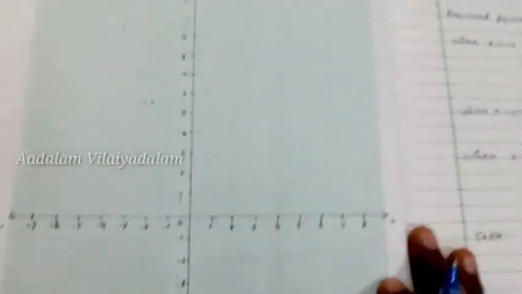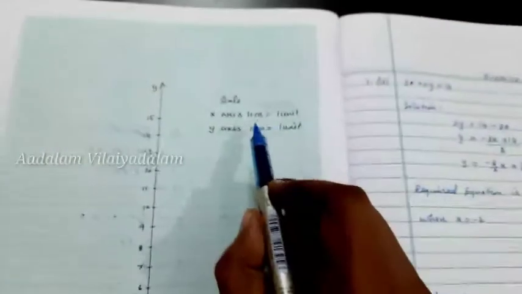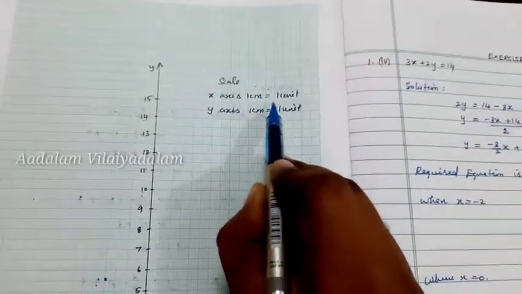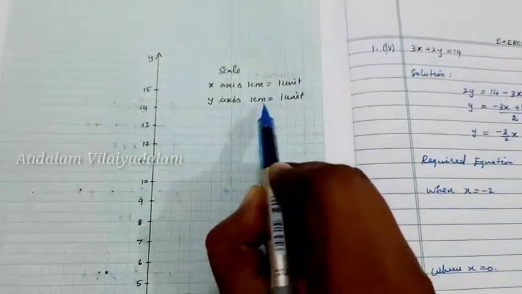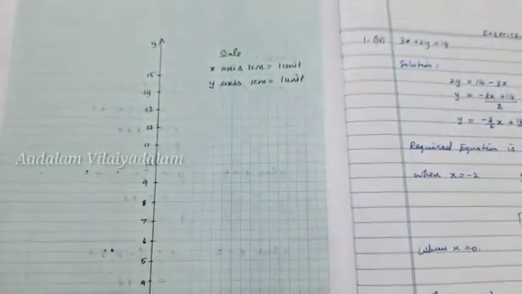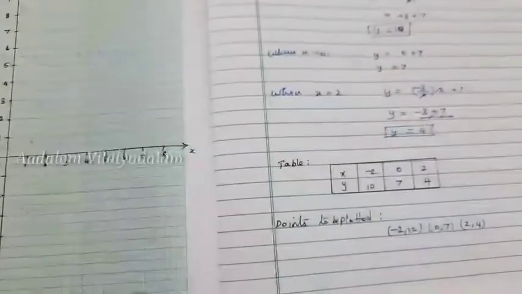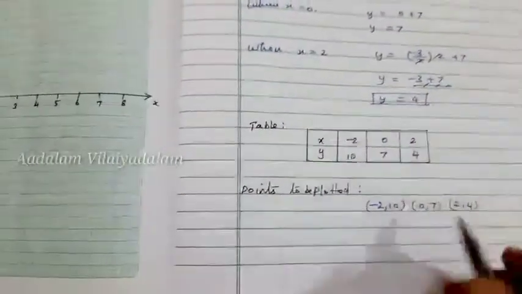Here I have prepared the graph with the axes x dash, y dash. Now the scale for the graph is x axis 1 centimeter equal to 1 unit, y axis 1 centimeter equal to 1 unit. Now let us plot the point (-2, 10).